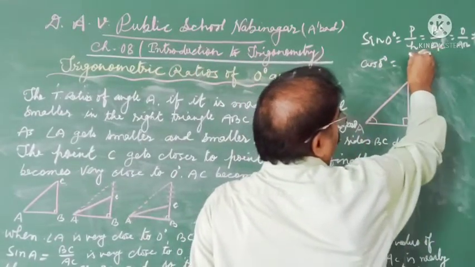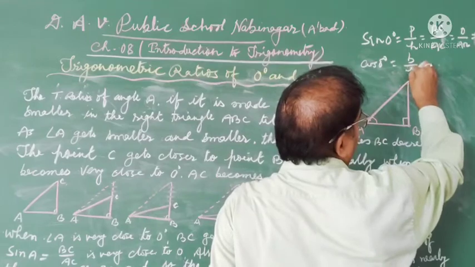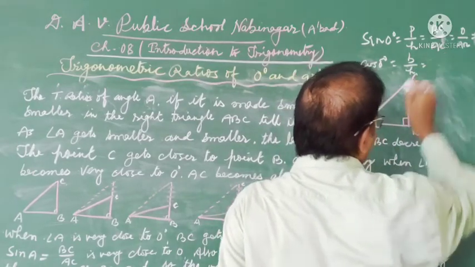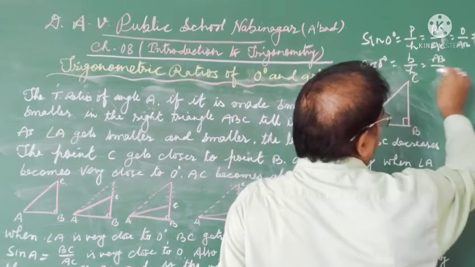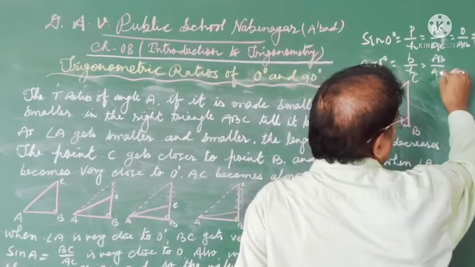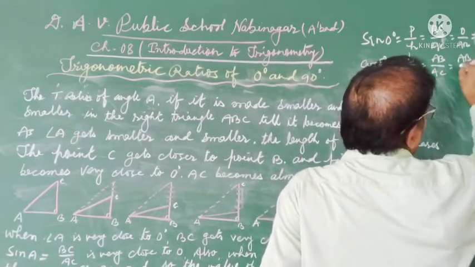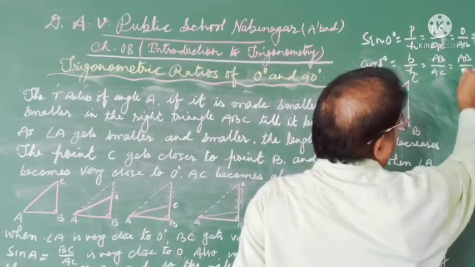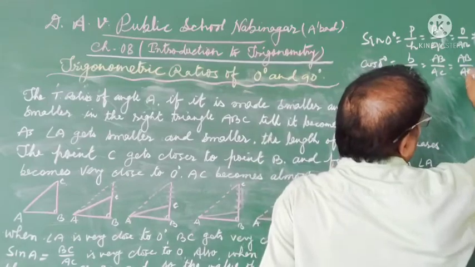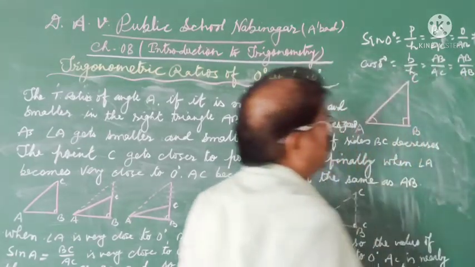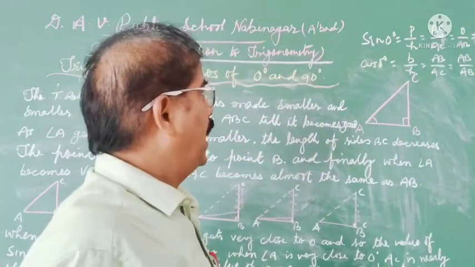And cos 0 degree is equal to B by H. That means B is AB and H is AC, and AC is equal to AB since AC coincides with AB, so AB by AB is equal to 1.